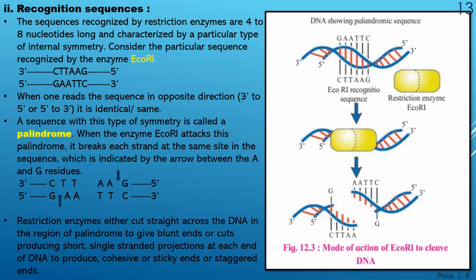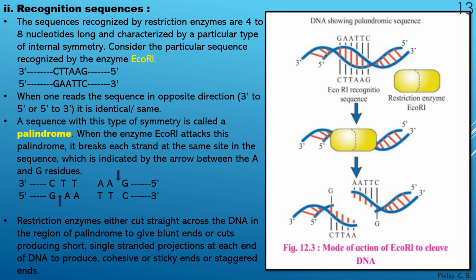So we go point-wise. The sequences recognized by restriction enzymes are 4 to 8 nucleotides long and characterized by a particular type of internal symmetry. It recognizes the 4 to 8 nucleotides and accordingly decides where to cut, hence the term internal symmetry.